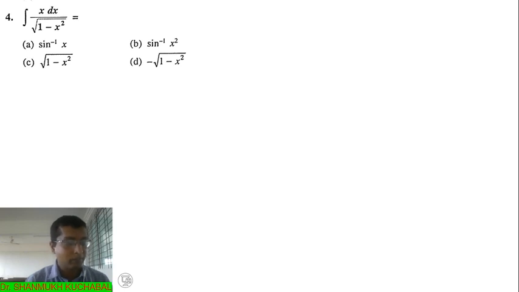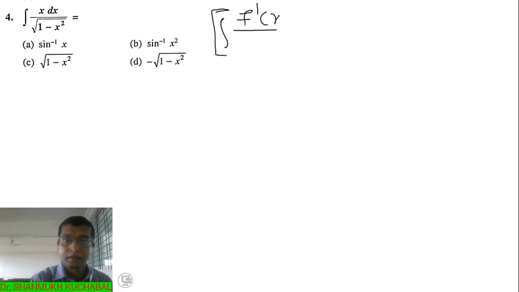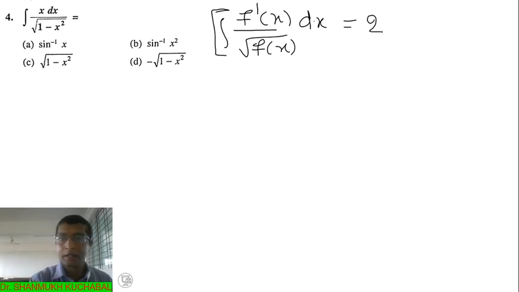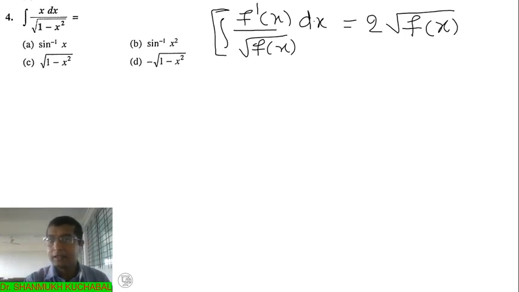Next example, example number 4: integration of x dx divided by root of 1 minus x square. So I use one formula, that is the integration of f dash of x divided by the square root of f of x into dx can be written as 2 times the square root of f of x, and it is an indefinite integration, so we can add the constant c.